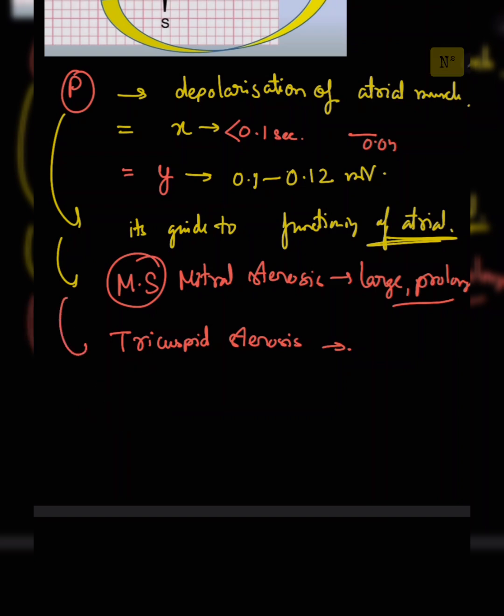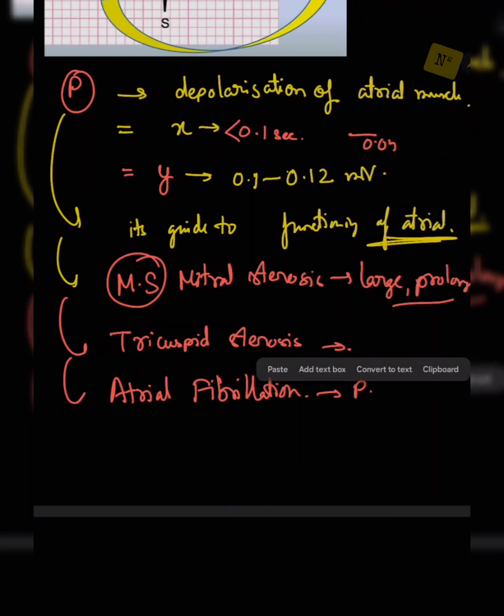Those are found in atrial fibrillation. In those cases you will not get a typical P wave, but P waves seen in very small morphology.